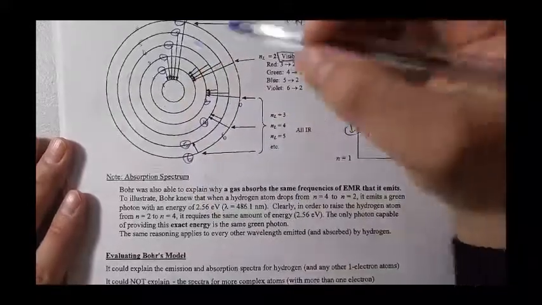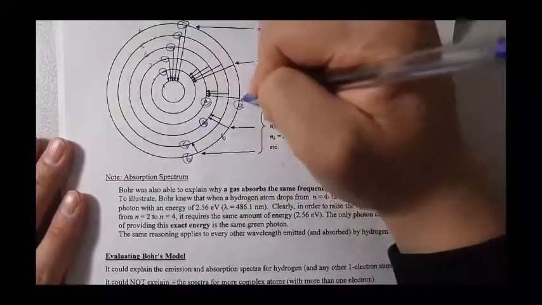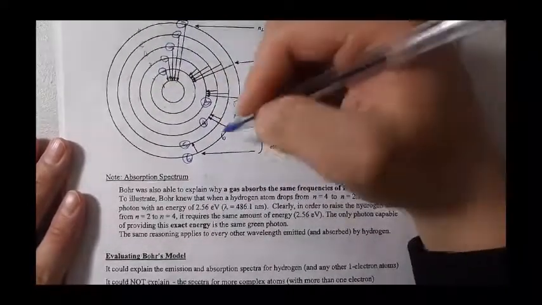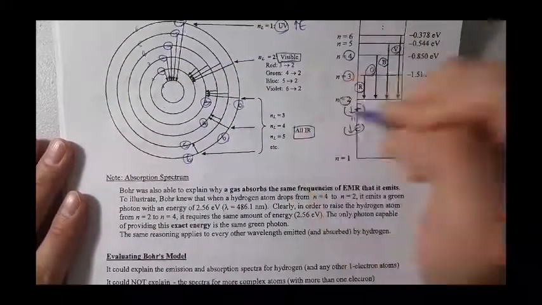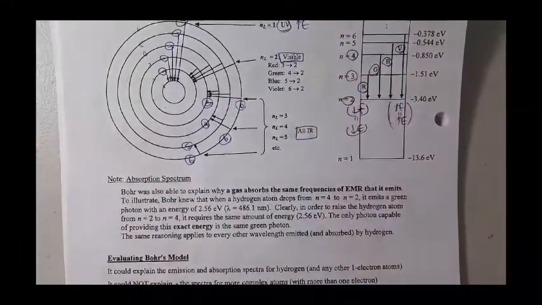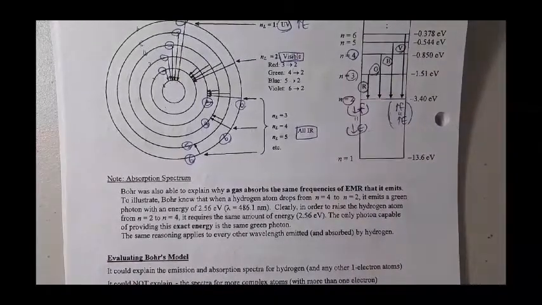There you go. What about the situation where it's not visible? 6 to 4, 6 to 5. What about those energies? Well, those turned out to be IR because they have such a minimum energy, and that was shown as heat energy rather. IR is heat energy.